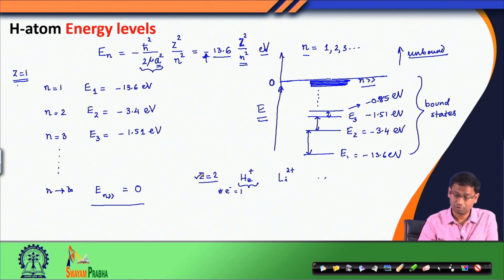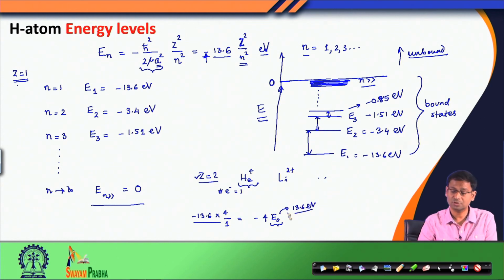So, for example, for helium plus I would simply use Z as 2 and the rest of the things would remain the same. For helium plus, the ground state energy will be minus 13.6 multiplied by Z squared, which is 4, divided by n squared equals 1. So, 4 times E0, where E0 is 13.6 electron volt.